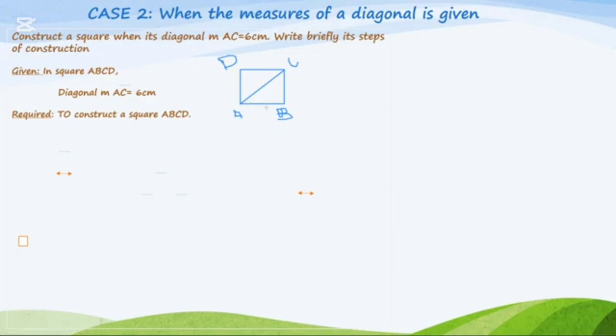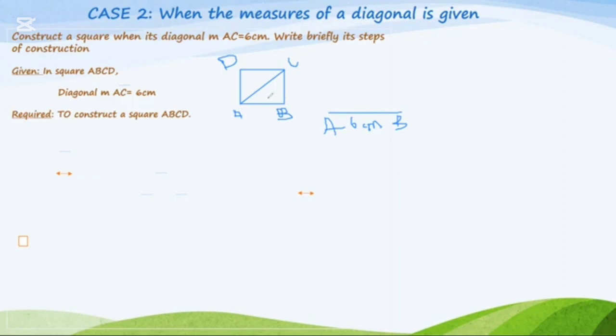Please remember this point that here the diagonal is given. Don't draw the diagram like this, writing 6 centimeter and writing AB over here. Please remember that if the diagonal is of 6 centimeter, sides cannot be equal to 6 centimeter, because in a square the sides are congruent.